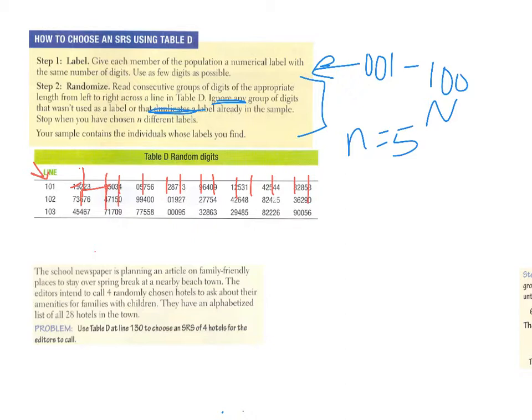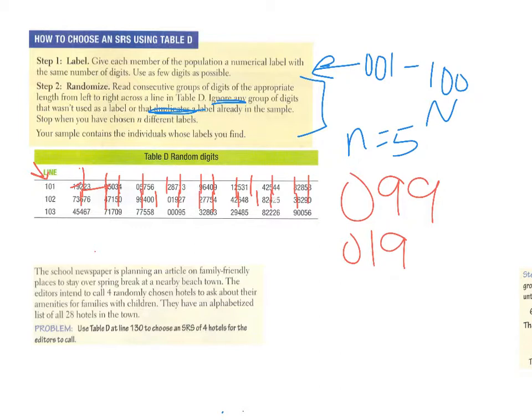715, 099. There's my first one in my sample. 400, that's too big. 019. There I got a second number in my sample. 272, 775, 442, 648. Hopefully you guys are getting the idea here. 824, 253, 629.